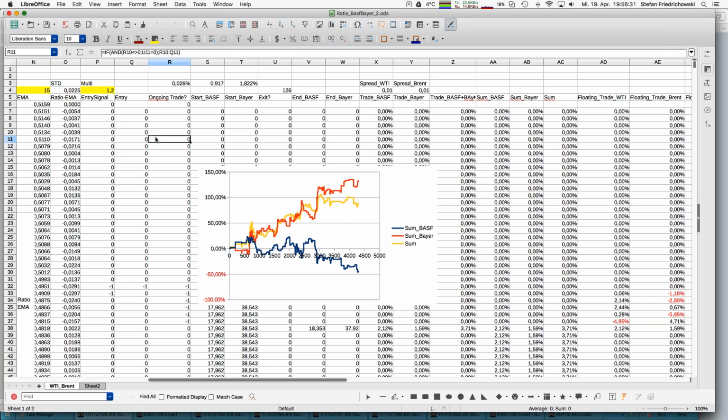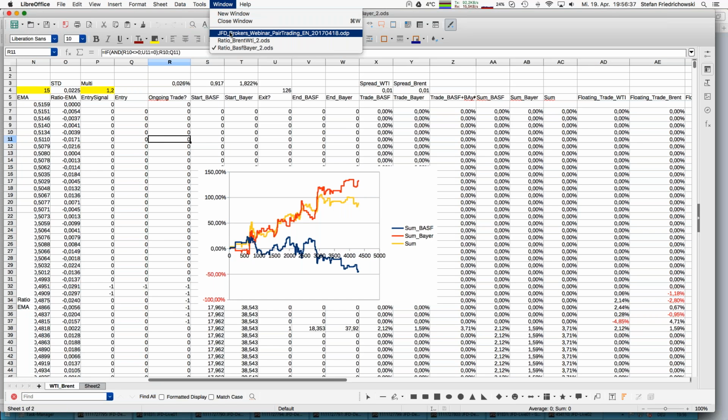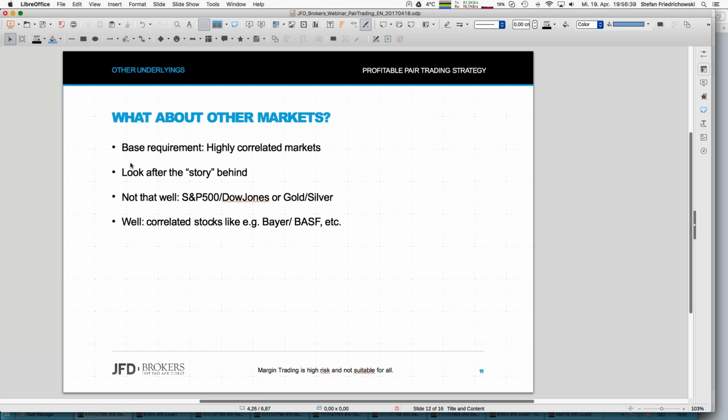So you can play around with other highly correlated markets, and you will find lots of examples. And even if I mention here two which do not work that well, the reason is that I know a lot of other traders who believe that S&P 500 and Dow Jones works, or that gold and silver works.